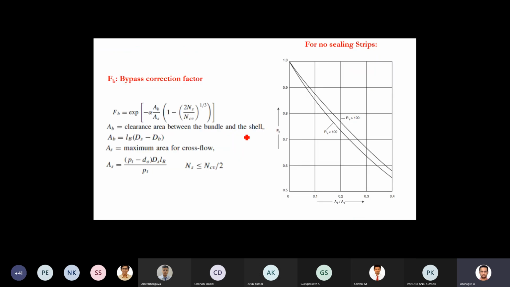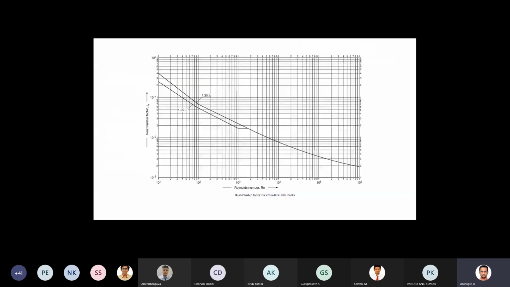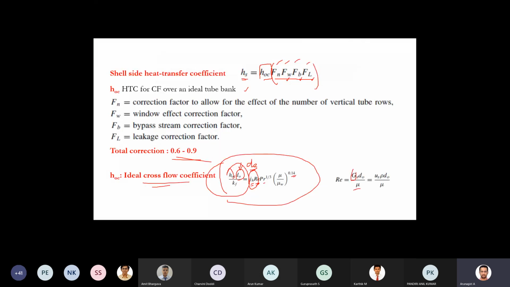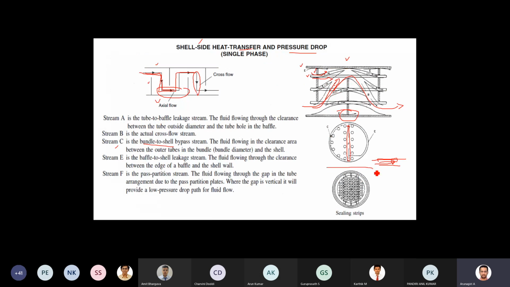So another one is the bypass correction factor. As you have seen in this diagram, here you have the clearance between bundle and shell, correct? So if this bundle to shell clearance is more, then what will happen? The bypassing area will be more.